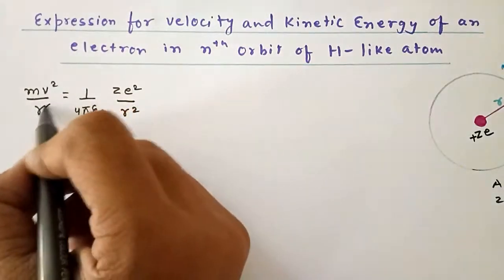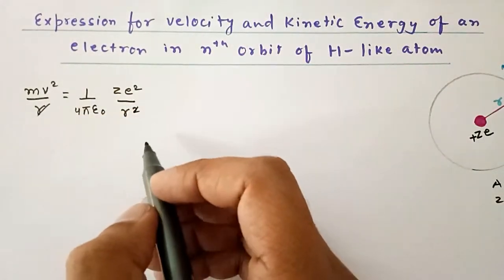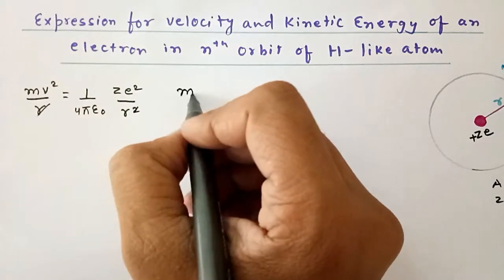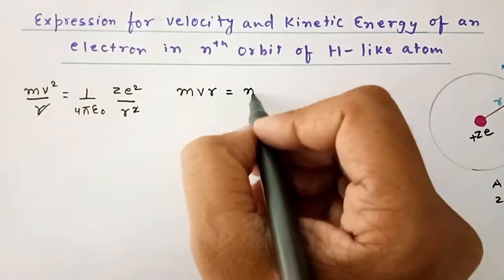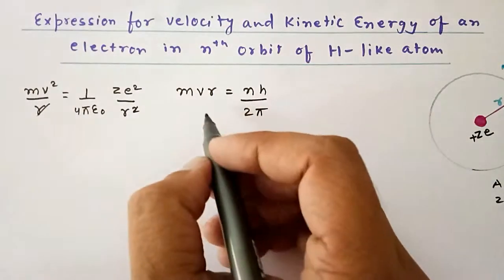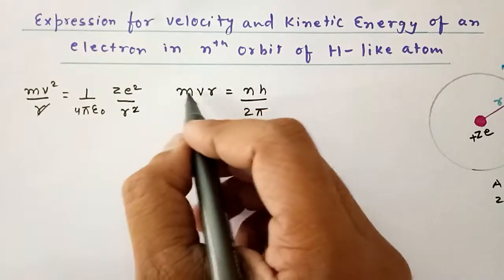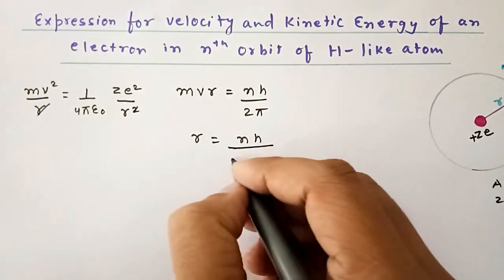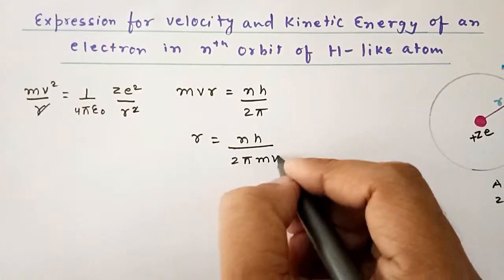So I can cancel one r from here, and another formula I have is the postulate of Niels Bohr, that is mvr equal to nh upon 2 pi. So what I am going to do is shift the mv down over here, so I will get r equal to nh upon 2 pi mv.